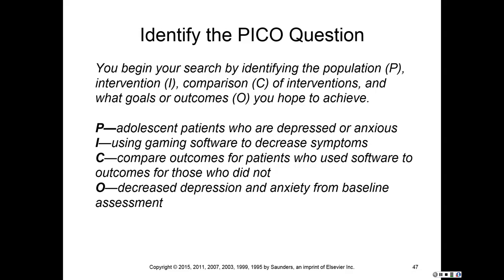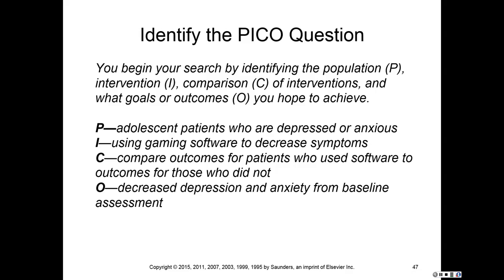So you begin your search by identifying a PICO question. We're trying to provide evidence for a particular intervention. You begin your search by identifying the P, population, I, intervention, C, comparison of interventions, and what goals or outcomes you hope to achieve.